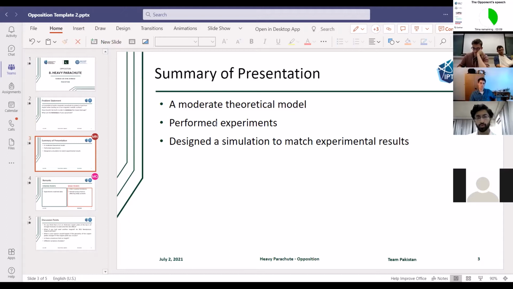Then they first designed a simulation, and then performed experiments, and since the experiments gave data similar to the simulation, they concluded that their results were conclusive, and matched what the problem statement aimed.